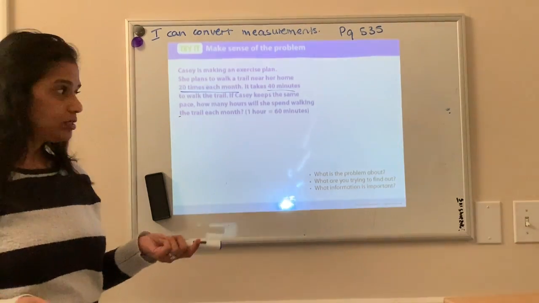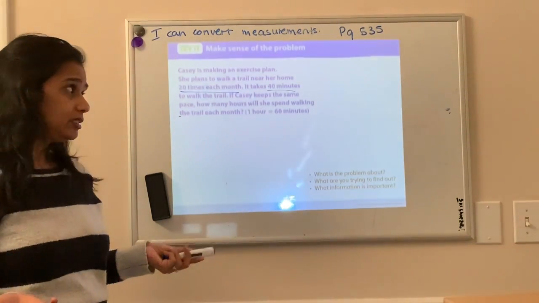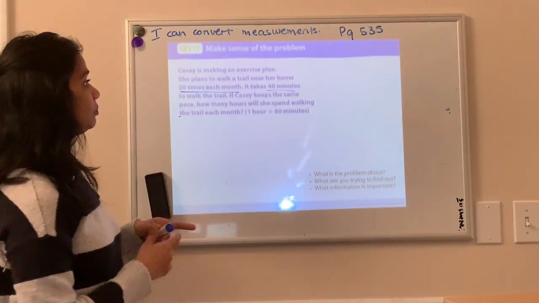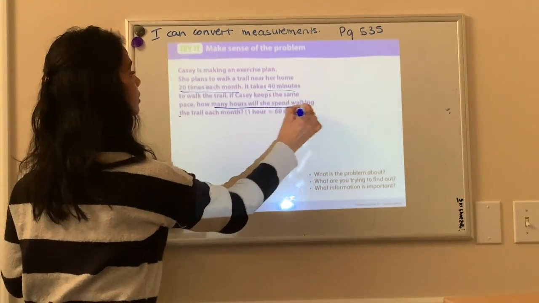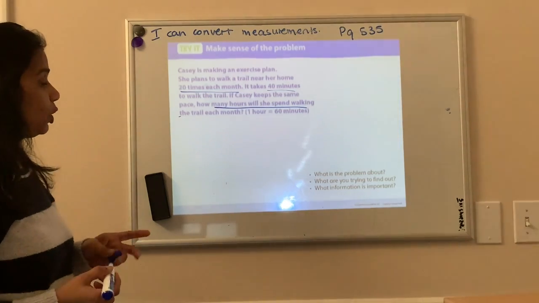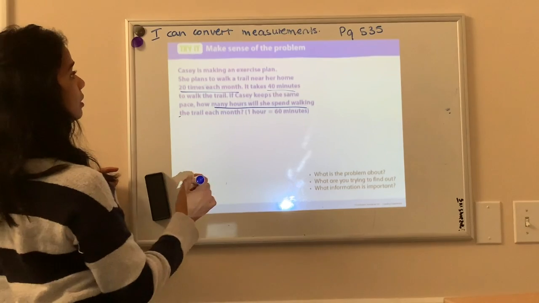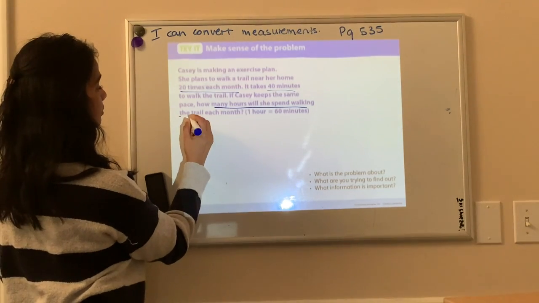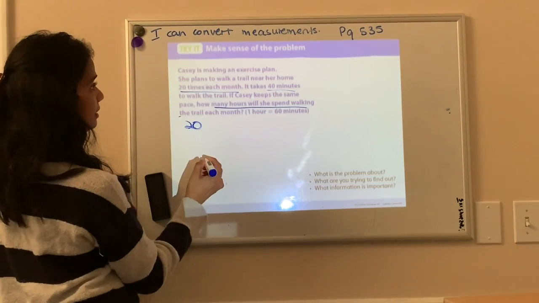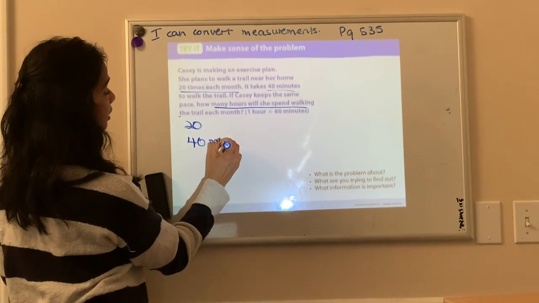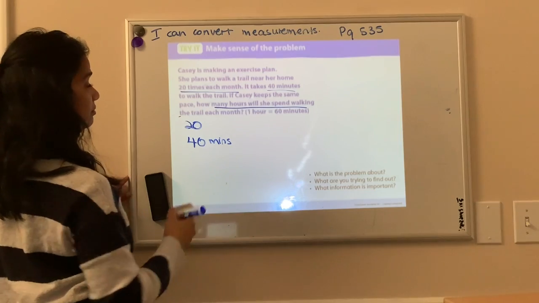She's walking and she wants to know how long it'll take for her to walk, right? Each month. What are we trying to find out? We're trying to find out how many hours she will spend walking. What information is important? Okay, 20 times each month is important. 40 minutes per trail, that's important, right?